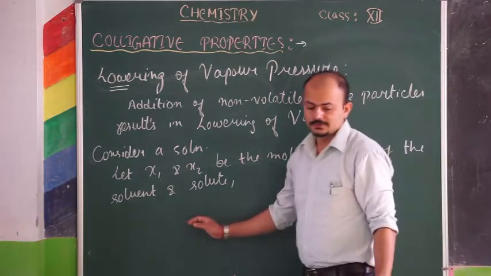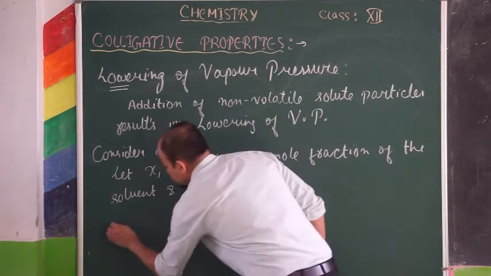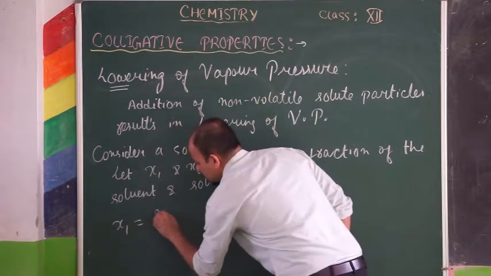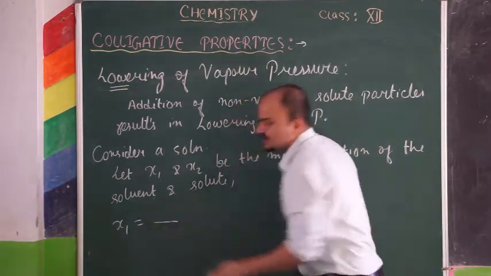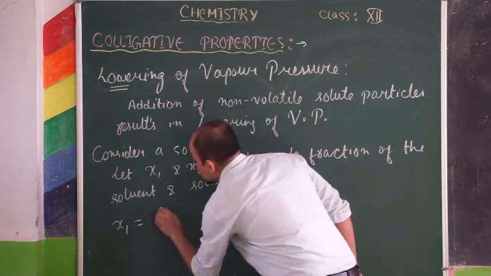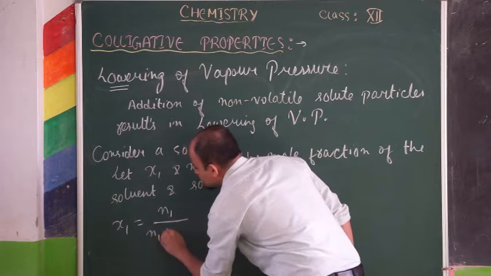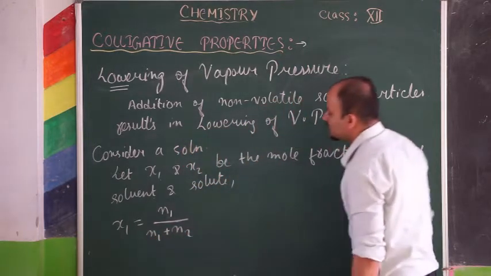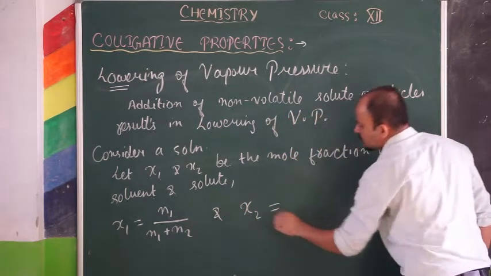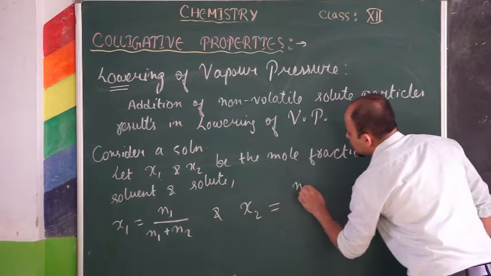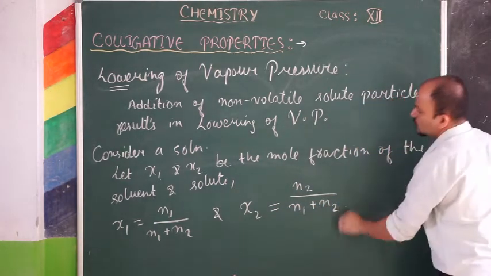From the mole fraction formula, x1, where x is the mole fraction and n is the number of moles, is given by n1 divided by n1 plus n2, the moles of solvent divided by moles of solvent plus moles of solute, and x2 is given by n2 divided by n1 plus n2.